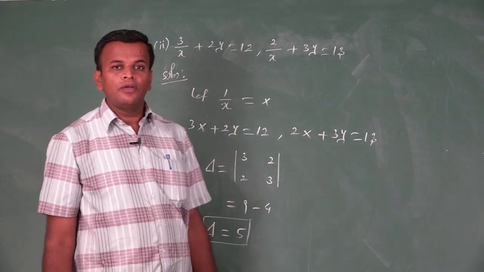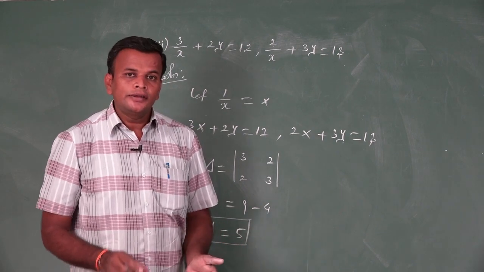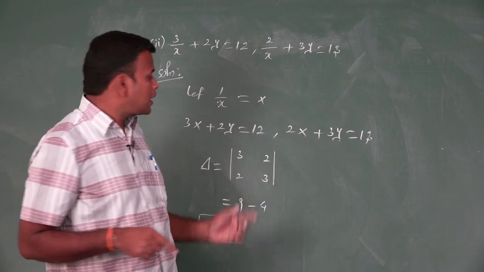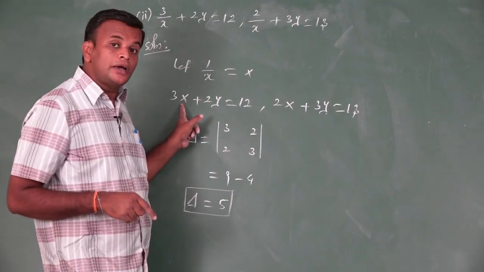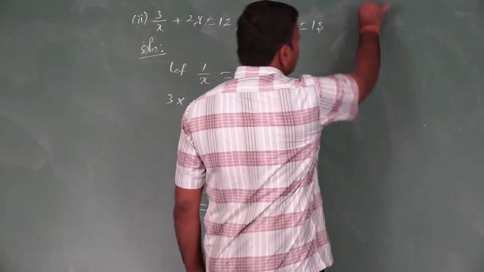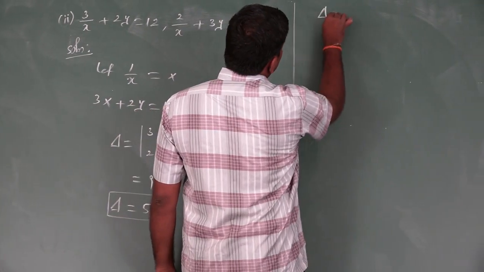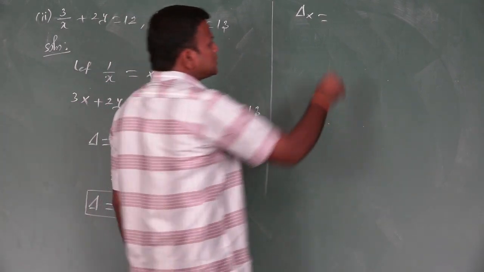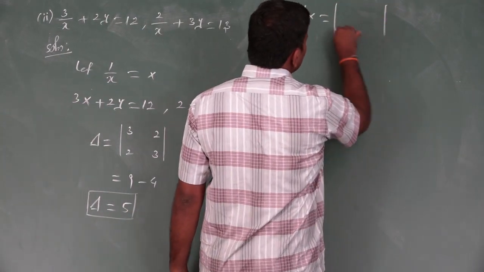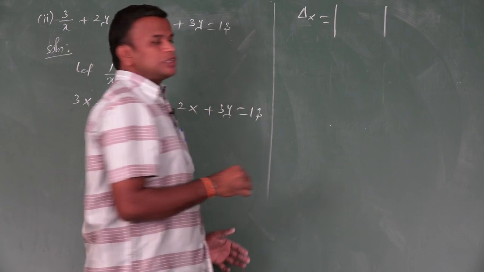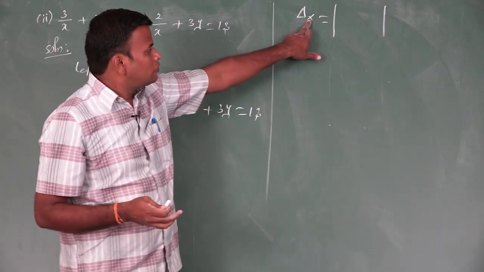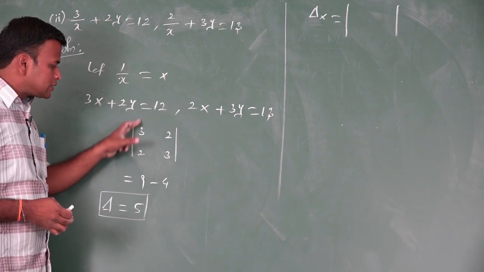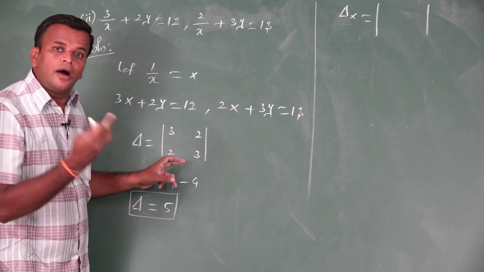Next, to find the value of del x. It is del capital X, because the coefficient is capital X. In del, we remove the coefficient of capital X column and enter the RHS values.